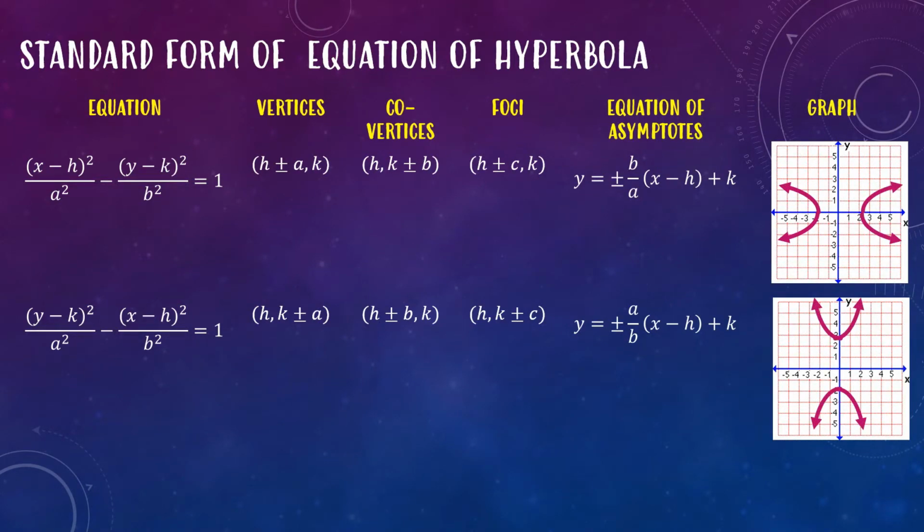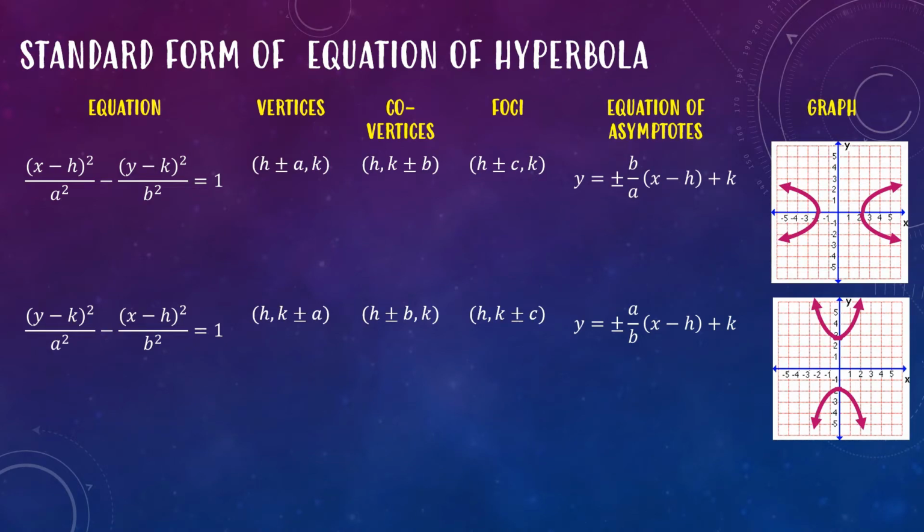So, next, we have here the standard form of equation of hyperbola. We have two equations. Just like sa ato ang ellipse, we have horizontal and vertical hyperbola. So, the first equation, we have quantity of x minus h squared over a squared minus quantity of y minus k squared over b squared, that is equals to 1.